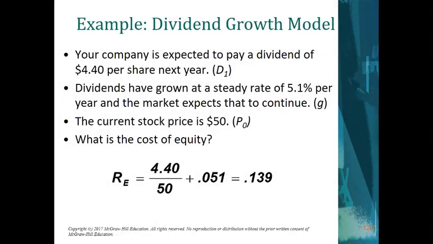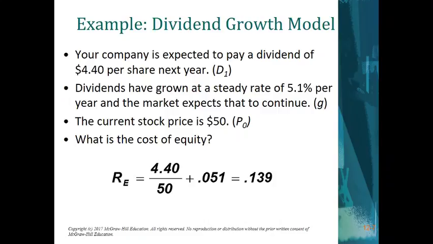So here's an example of that. Your company is expected to pay a dividend of $4.40 per share next year. That's D1. Dividends have grown at a steady rate of 5.1% per year, and the market expects that to continue, and the current price of stock is $50.